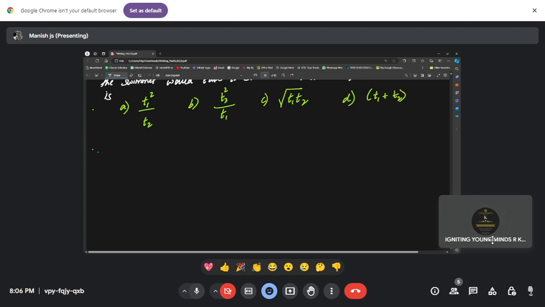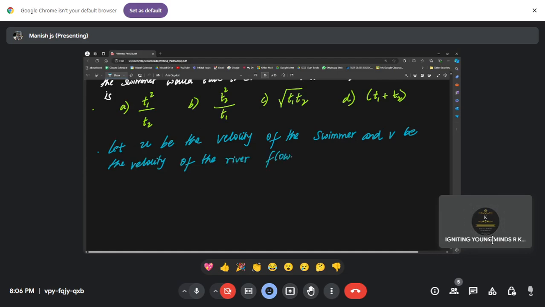So let us assume, let u be the velocity of the swimmer and v be the velocity of the river flow. Okay. So we are having two different quantities here.